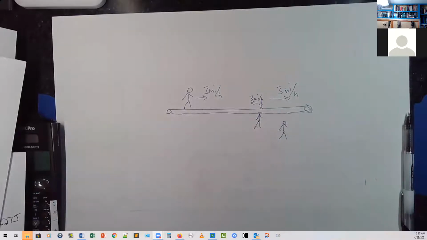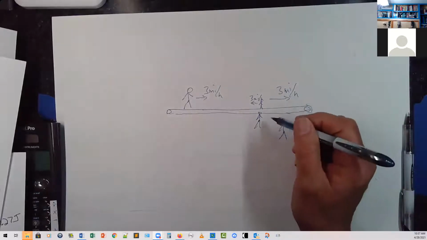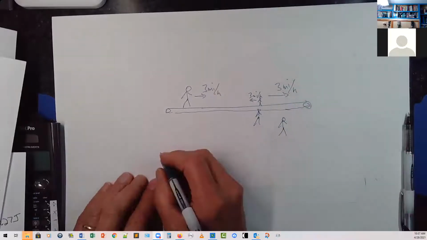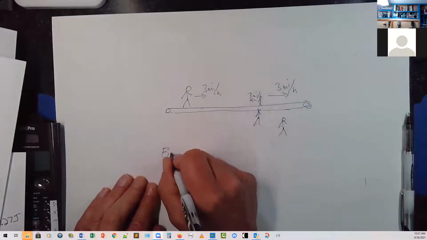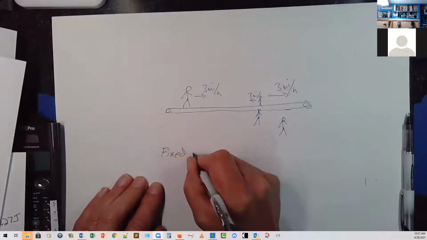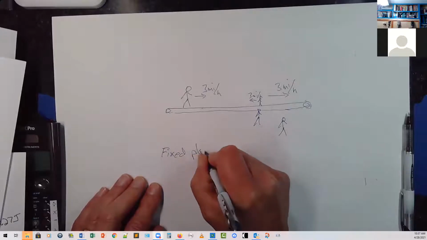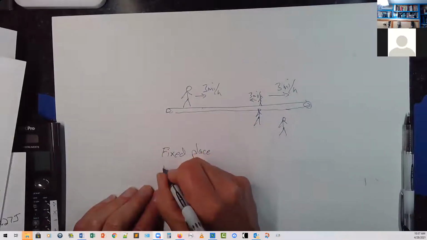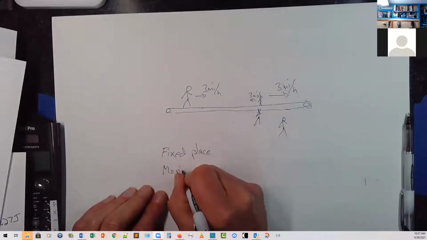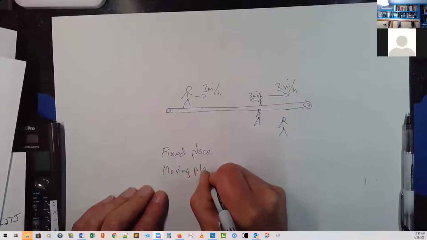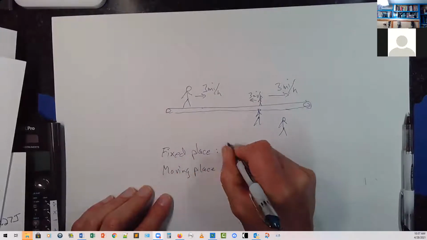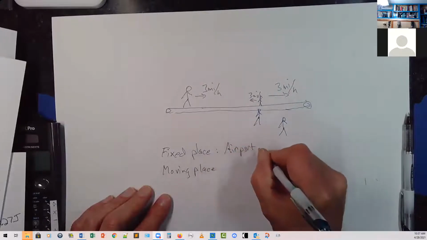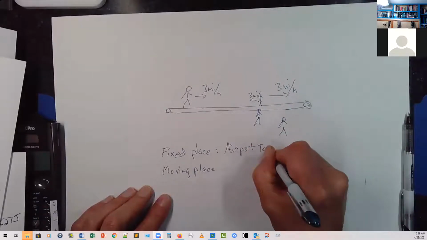And so I find an easier way to express these things is to think of a fixed reference frame or a fixed place. We can think of it that way. And that would be just like the floor of the airport. And then there's a moving place. Fixed place, airport floor, or I guess it's airport terminal floor.